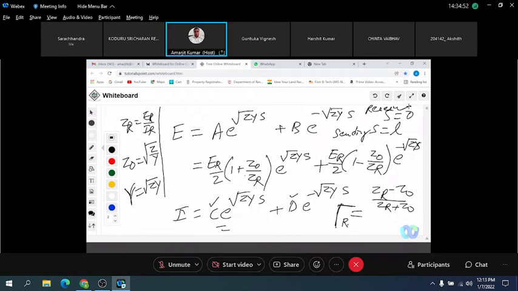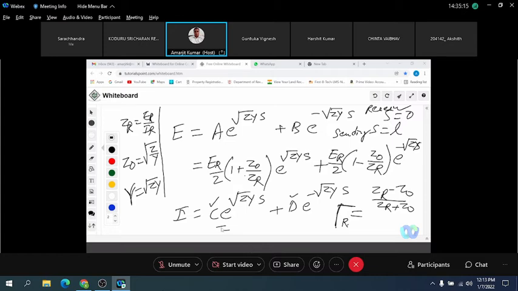The question is, what is the voltage and current at the sending end? So what will be ES and IS? Simply you put S is equal to L in the general expressions you calculated for voltage and current.